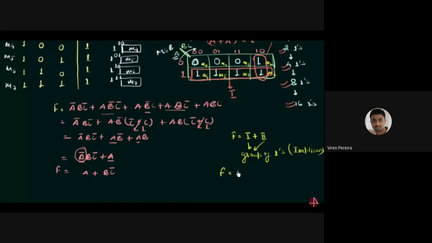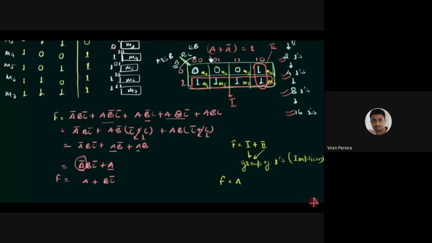So I will write A as it is. Now I have to see for B and C. In this first cell B is 0, in the second cell B is 0, no problem, but in the third cell B is changed from 0 to 1, so B is changing. So I will not write B. By this rule B is 1, okay.